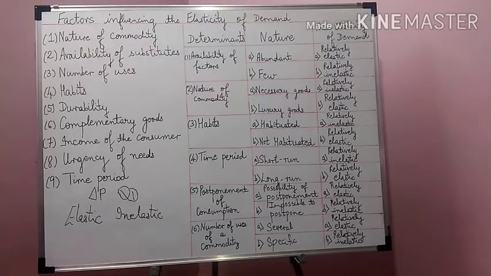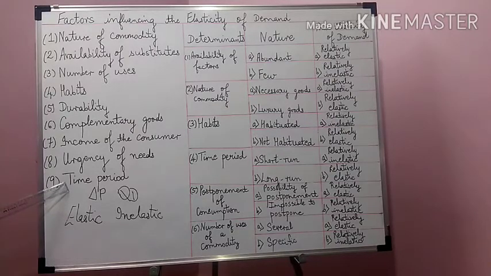Eighth factor, urgency of needs. Goods which are urgently needed will have a relatively inelastic demand. For example, medicines. Luxury goods which are less urgent have relatively elastic demand.